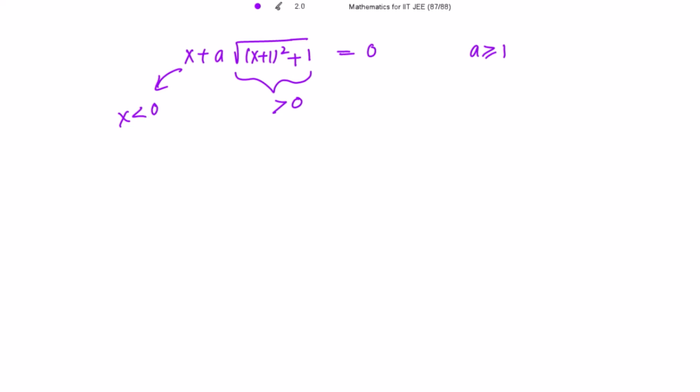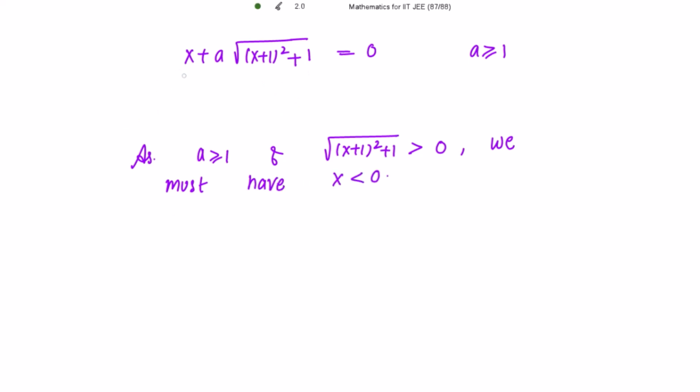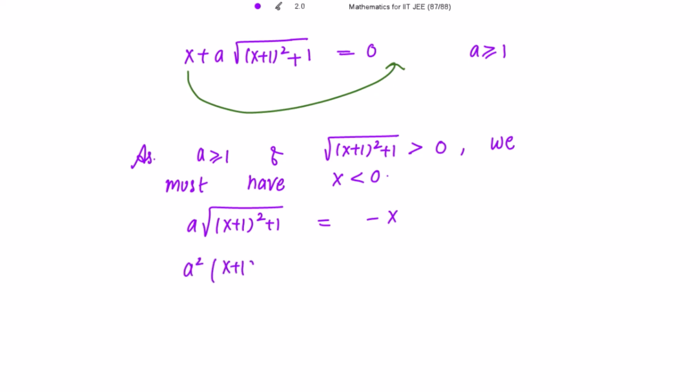So as a greater than or equal to 1 and square root of x plus 1 whole square plus 1 is positive, we must have x less than 0. Taking this x to the other side, we get a into square root of x plus 1 whole square plus 1 equal to negative x. And now squaring both the sides, we get a square into x plus 1 whole square plus 1 equal to x square.